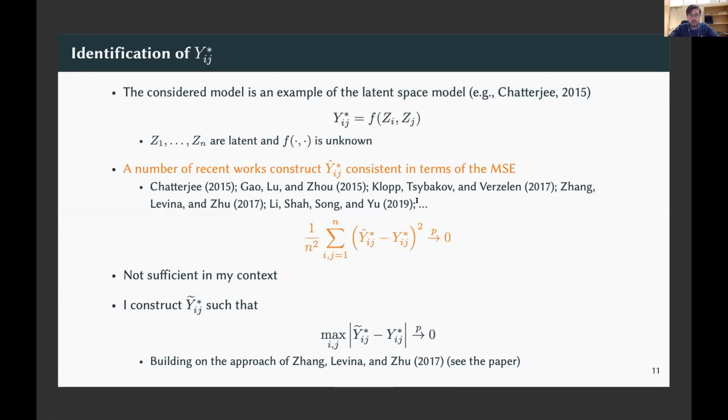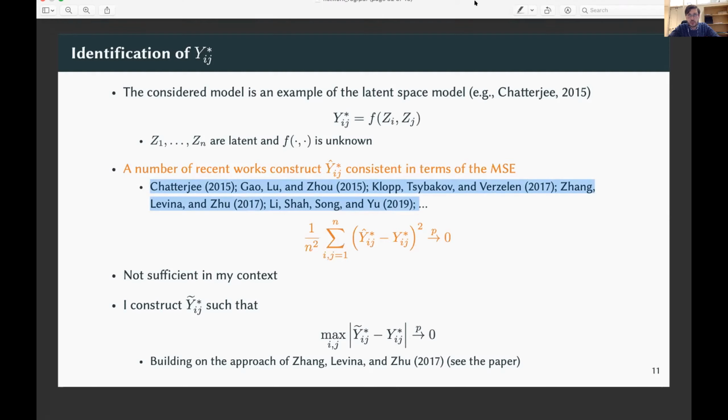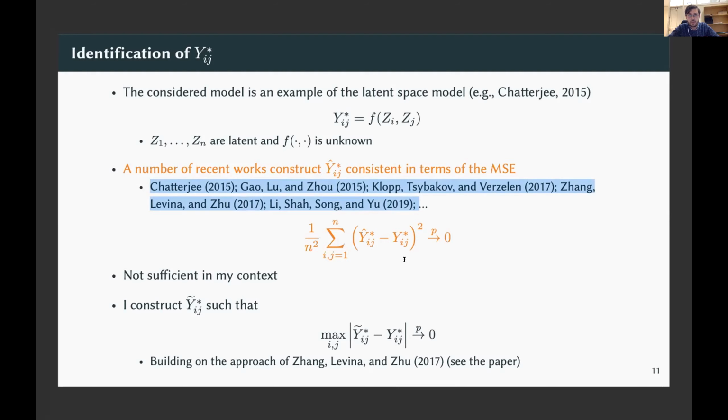So in particular, different papers construct estimators of those error-free outcomes and establish their consistency in terms of the mean square error, or if you collect them in matrices, in the Frobenius norm. Unfortunately, this is not sufficient in my context, because I want to show that if your network is large enough, then you can back out all these Y stars at the same time, which would formally prove identification.